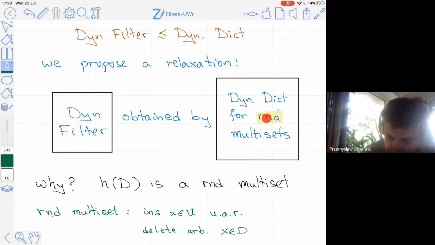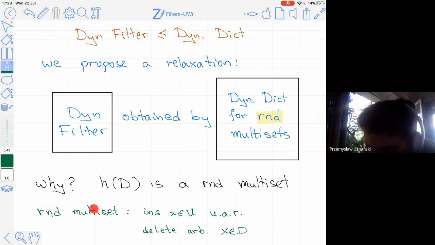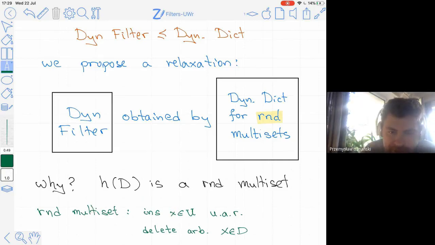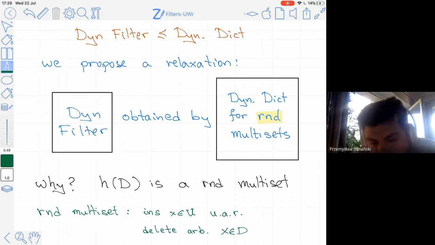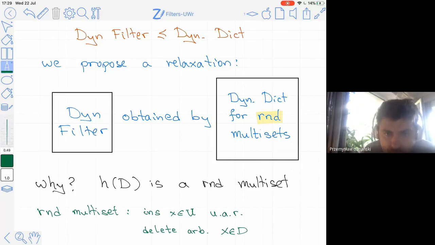And the reason is that the image of a data set is a random multiset, where a random multiset is simply, you insert an element x uniformly at random, and you delete an arbitrary element x in your data set. So let me elaborate on what it means to design a dynamic dictionary for random multisets.